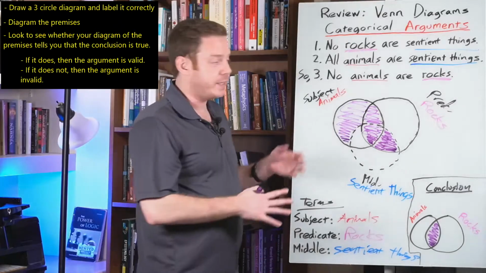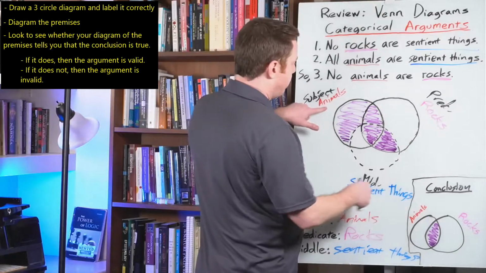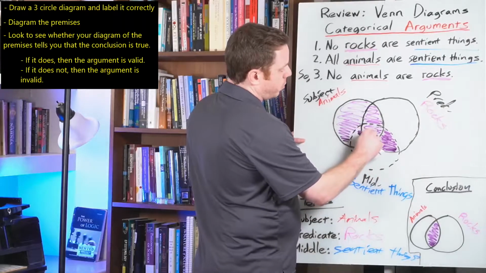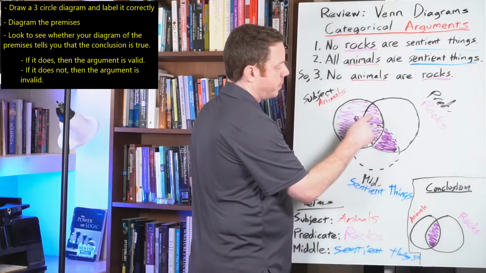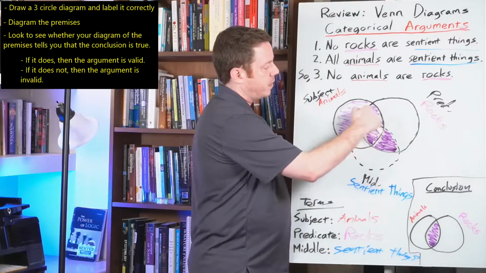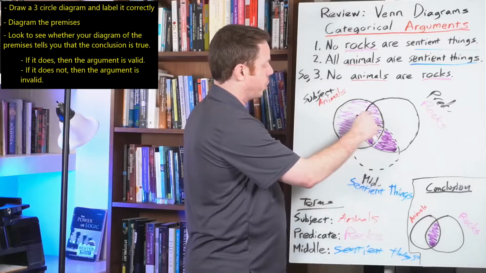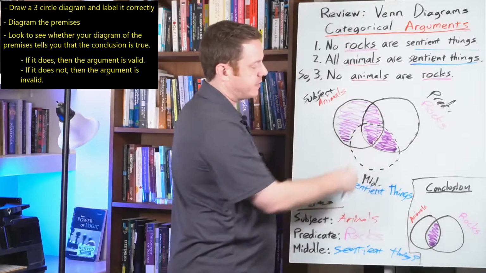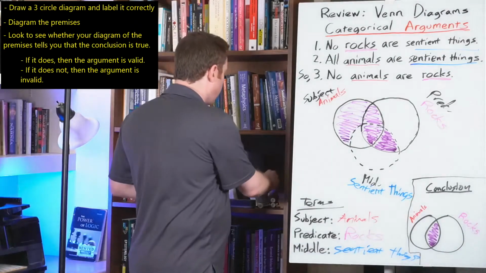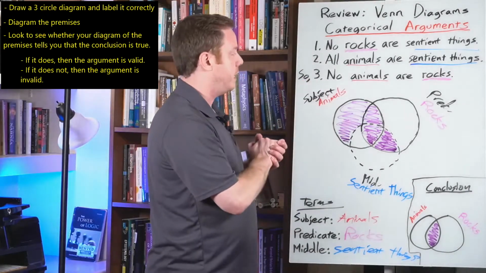In fact, it is. The animal and the rock circle, ignoring the other circle, we already have the information that this is empty. There is nothing that is inside both the animal circle and the rock circle. That's empty. So that means that our original argument is valid.